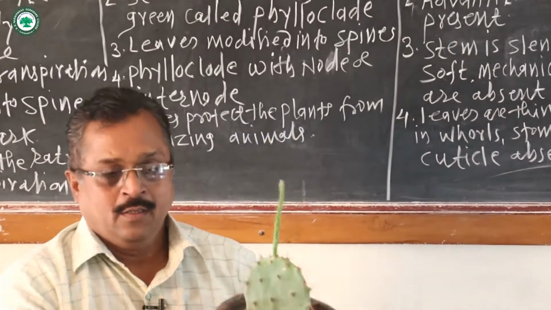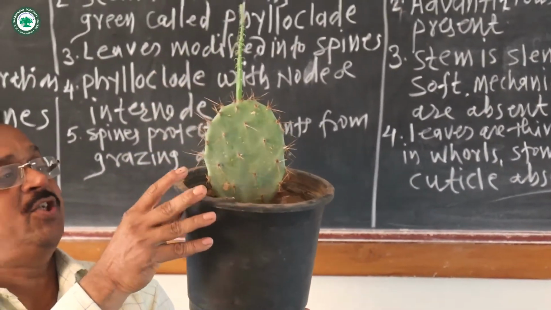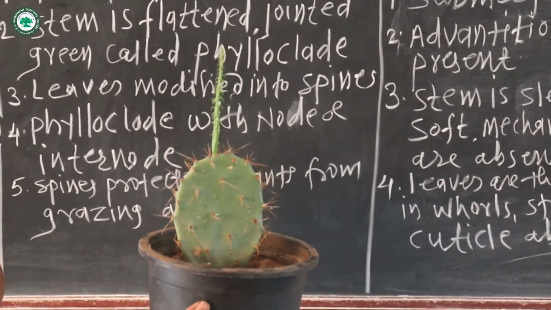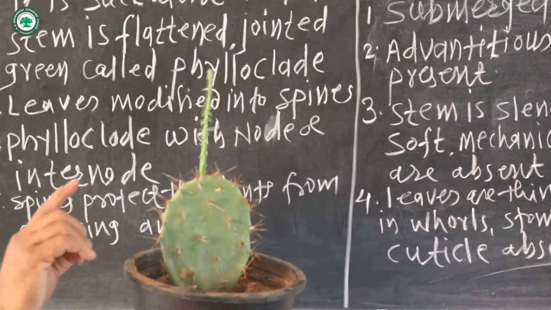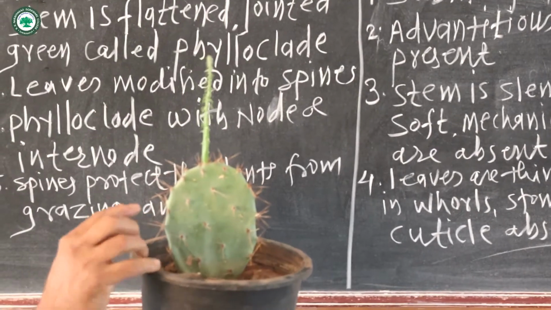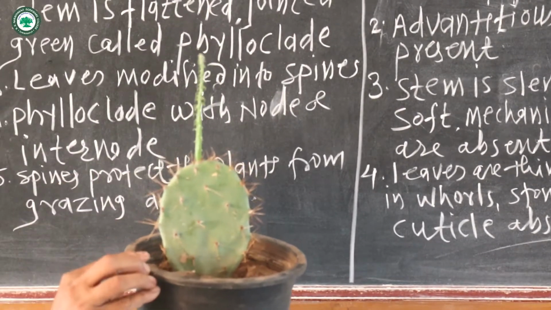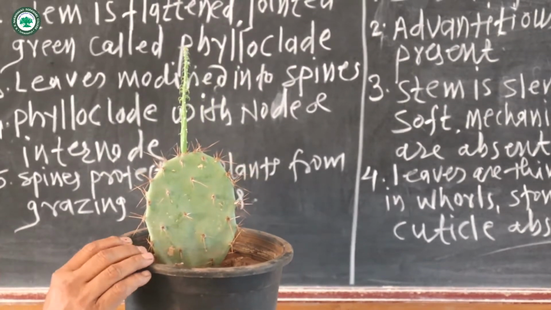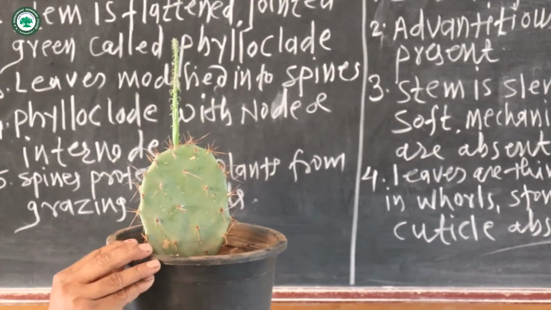Then the phylloclade has nodes and internodes. You know that is a characteristic feature of stem: the stem is divisible into nodes and internodes. Likewise here, the phylloclade has a number of areoles, a bunch of spines, which indicates the node.